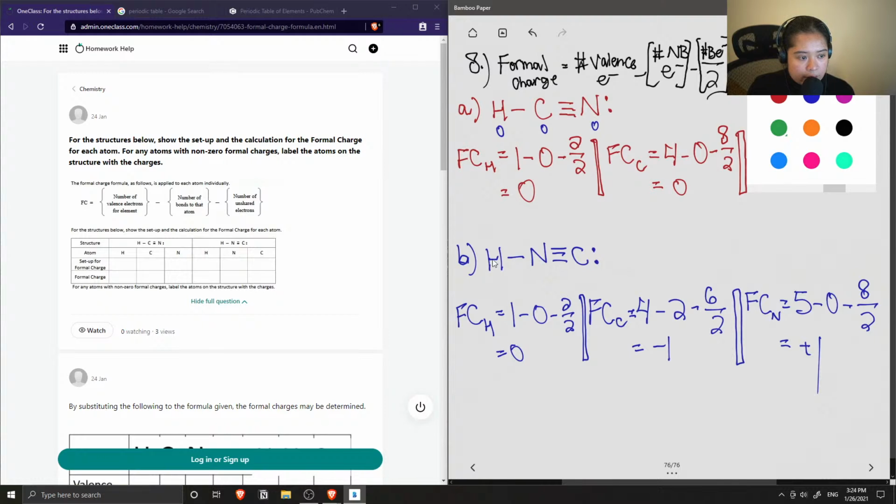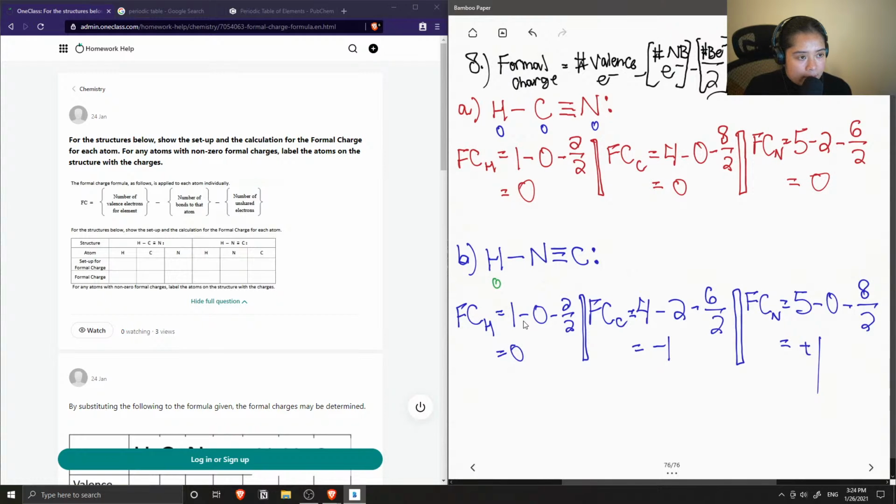So then if we were to label the charges, hydrogen has 0, nitrogen has a +1 charge. I'm just going to put a plus, and our carbon has a -1 charge. Okay, so these are the atoms labeled with all the charges.